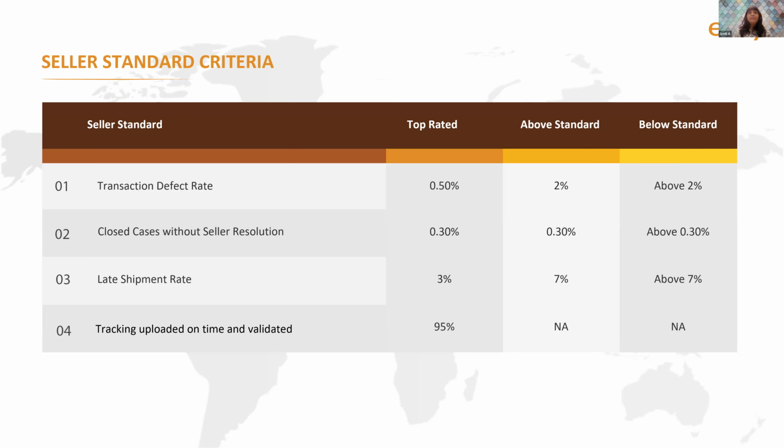If your late shipment rate is 3% or even less than that, when you are evaluated, if all these three parameters are met as you see on the screen, yes, there are chances that you might become an eBay top rated seller. But you need to ensure that you meet the fourth criteria as well, which is tracking uploaded on time and validated has to be 95% and more.